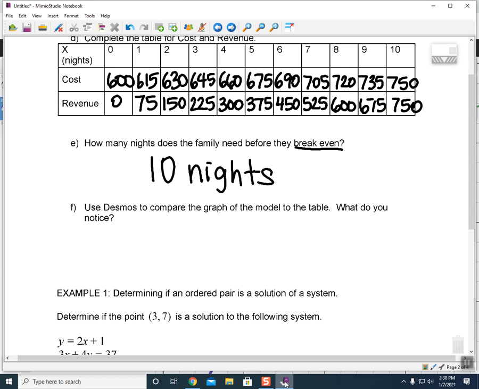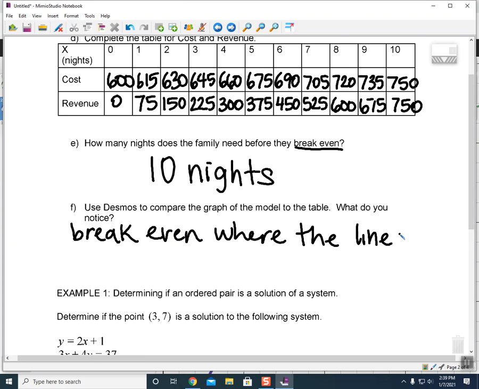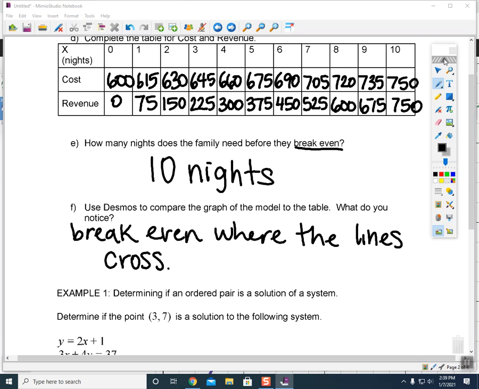So this question is asking, what do you notice about the graphs? Well, our break-even point is where the lines cross.